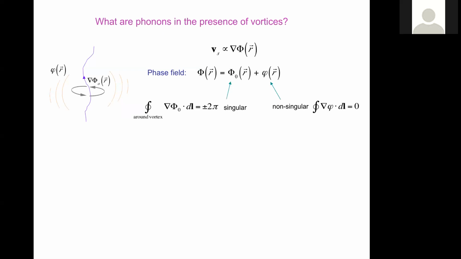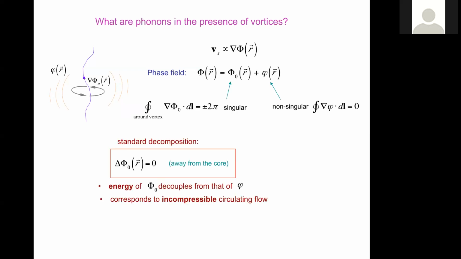Well, okay, all right. So the standard decomposition that makes it unique is the requirement that the Laplacian of the singular part is zero, which actually corresponds to the incompressible fluid approximation for vortices, which we touched upon. In particular, it tells us that the energy decouples.